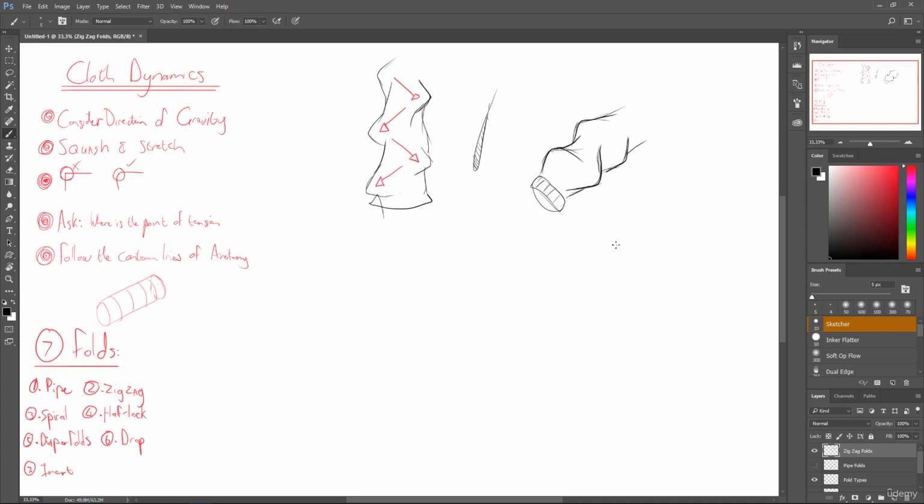We want to bear in mind that we are on a cylindrical form with the arm, so we want to have the contour line showing very clearly. Okay, and then anywhere where we feel the fabric may indent, we can input one of these little shapes, where it's kind of a shadow, and you can really just vary them and do whatever you like with them.